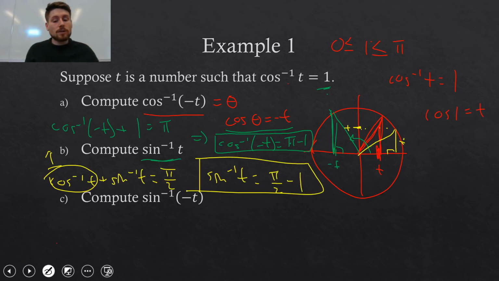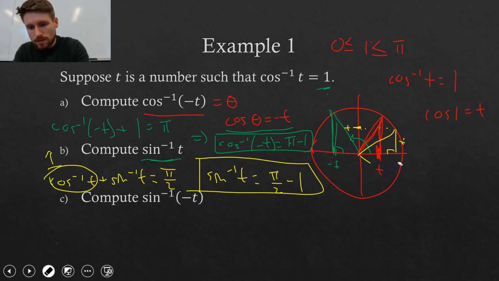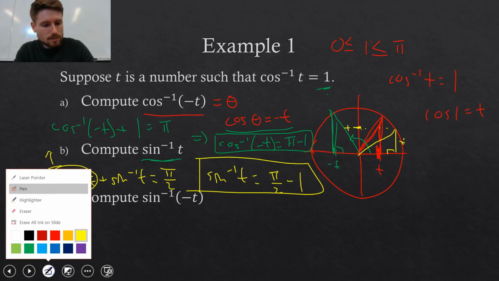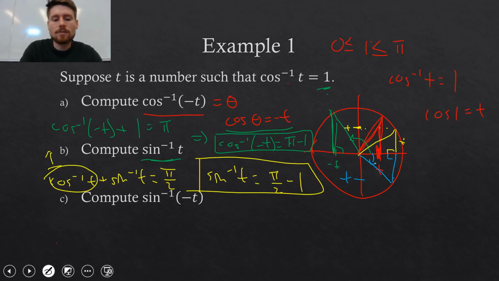And then lastly, we'll use that to find sine inverse of negative t. So negative t would be down here for sine. That would be this triangle down here. I should use a different color. Here's negative t. Boom, right triangle. So clearly we can see that the sine inverse of negative t is the negative of sine inverse of t.